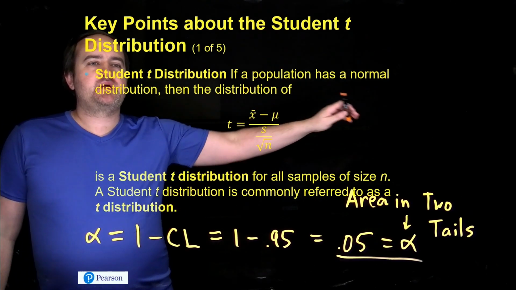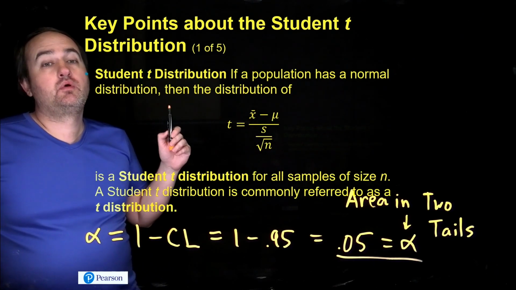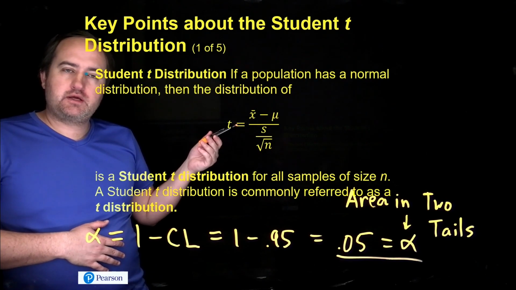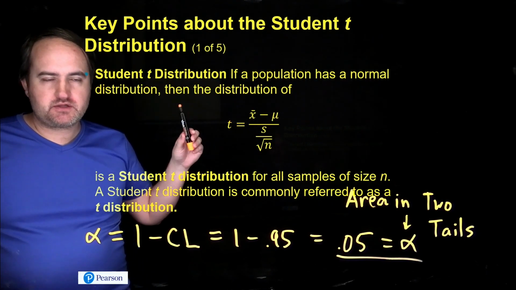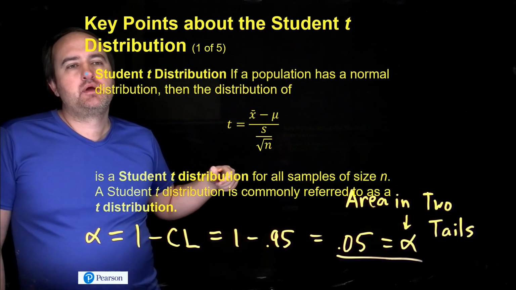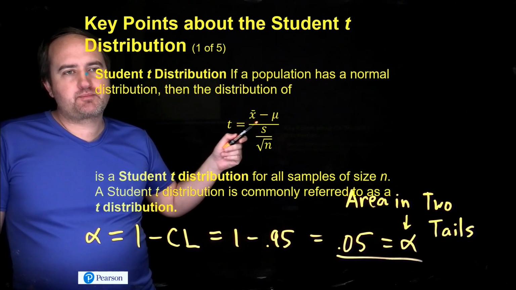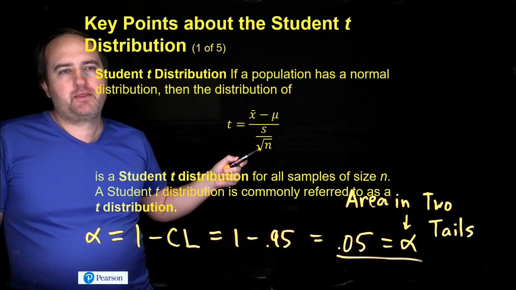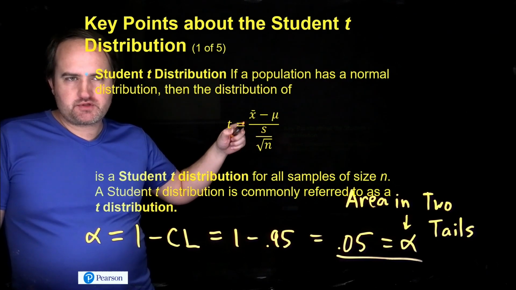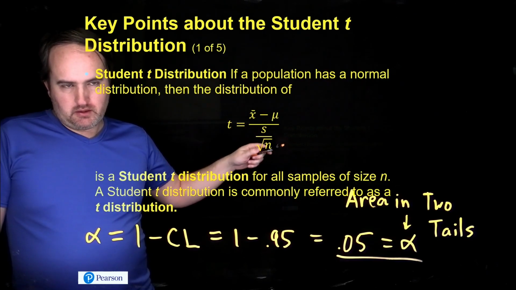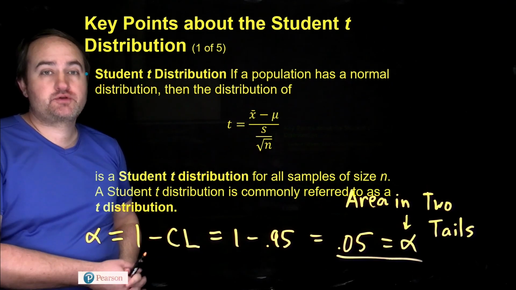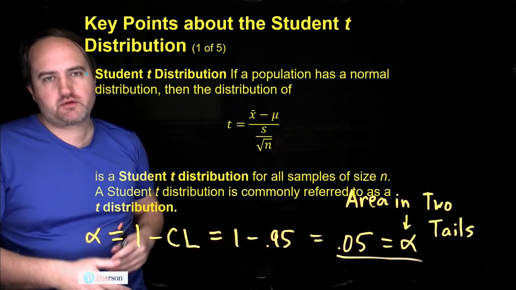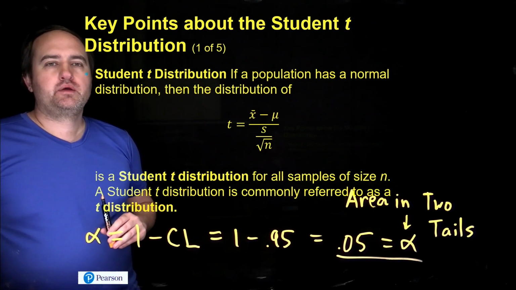If a population has a normal distribution, or if n is greater than 30, then the distribution of t equals x bar minus mu over s over the square root of n. Notice this looks very similar to the formula we used for the central limit theorem, which makes sense.